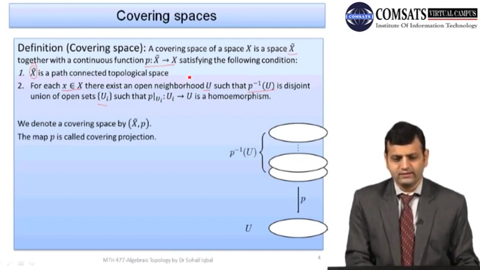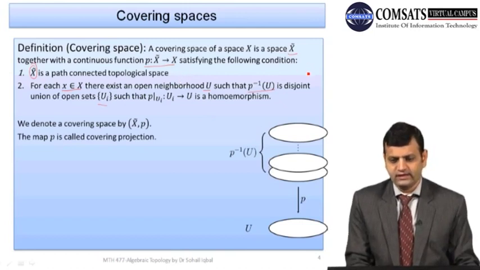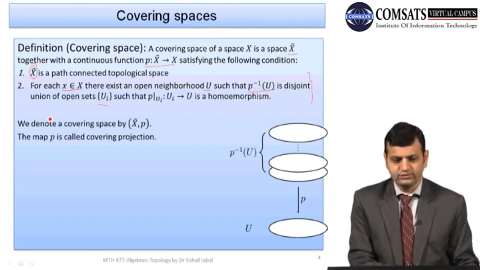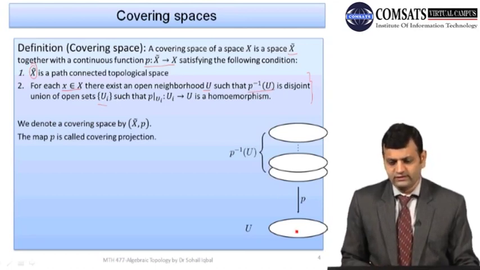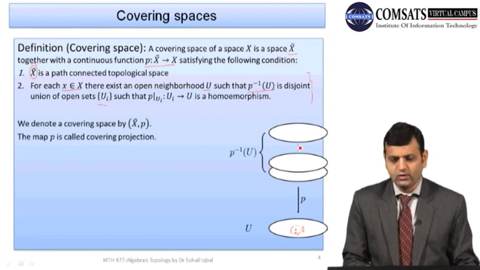Basically there are many other things which are hidden inside the definition. For example, when it says that P inverse of U is a disjoint union of open sets, it means that if I take a point x, and there exists an open set U containing this small x, then the inverse image of this U is a disjoint union of open sets.